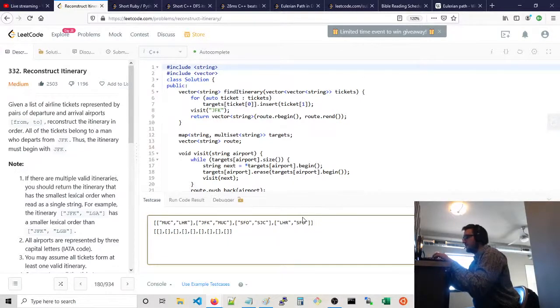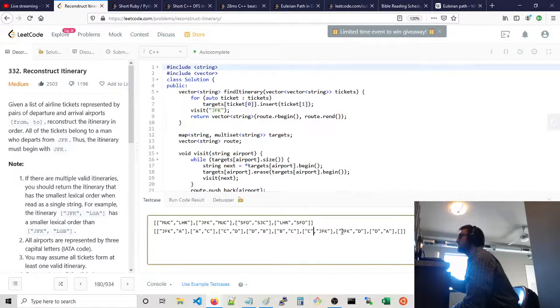So I could probably do it again now. JFK to A to C, C to D, and from D to B, from B to C, C goes to JFK, and JFK goes to D, and D goes to A. I think that's it. 1, 2, 3, 4, 5, 6, 7, 8.